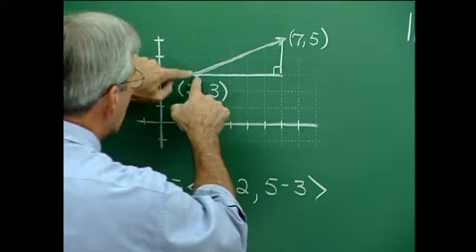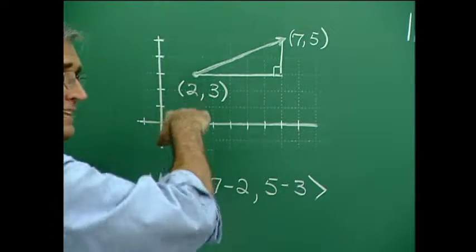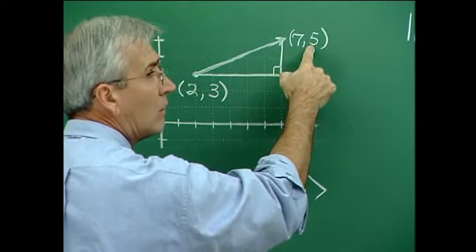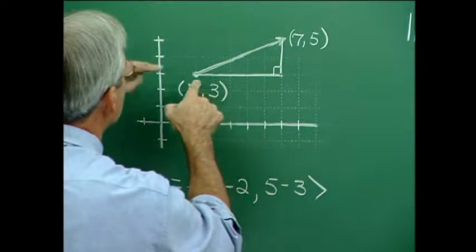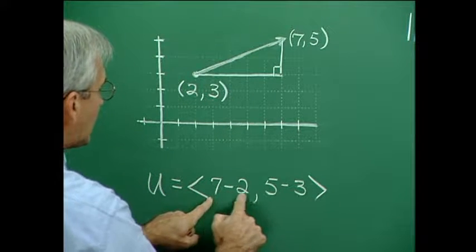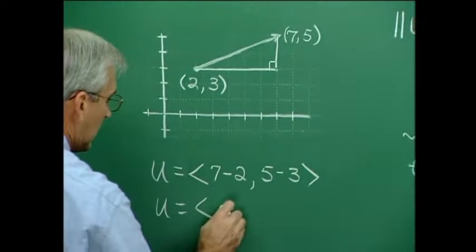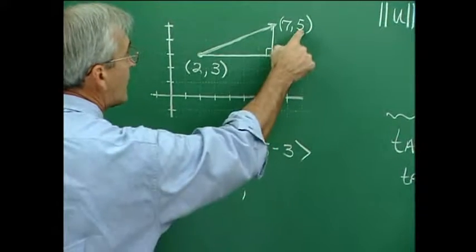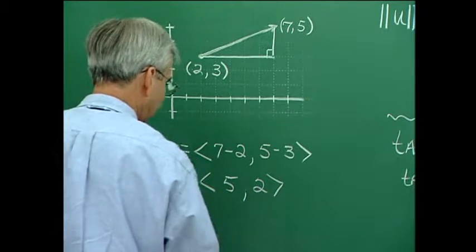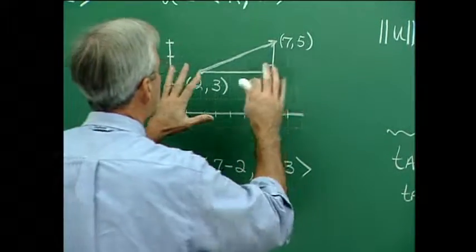We use the coordinates of our terminal point minus the coordinates of our initial point in this calculation. So 7 minus 2 for the x value, and 5 minus 3, the 5 coming from here and the 3 from here, as the vertical value. So ⟨5, 2⟩.